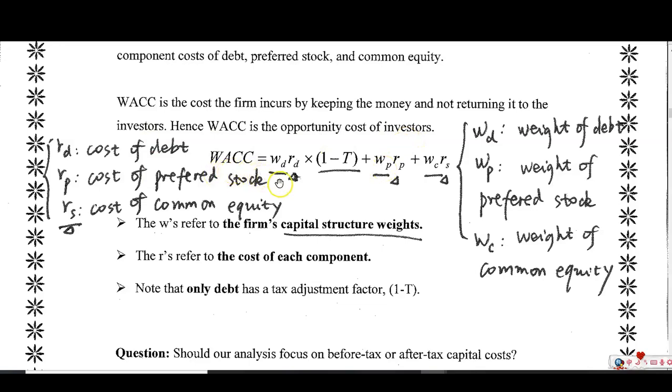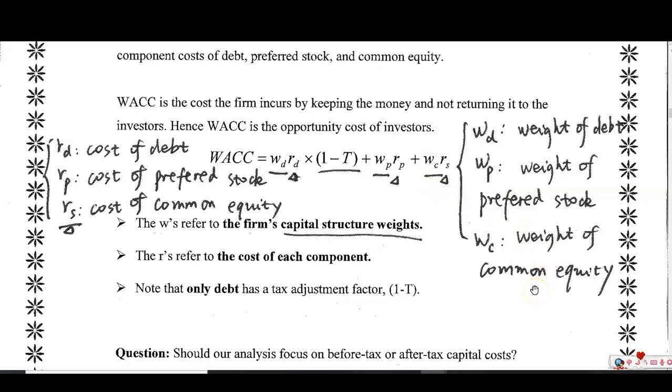WACC equals WD times RD times (1 minus T, the tax rate), plus WP times RP, plus WC times RS. We have three weights here. The W's refer to the firm's capital structure weights: WD means weight of debt, WP means weight of preferred stock, and WC means weight of common equity.